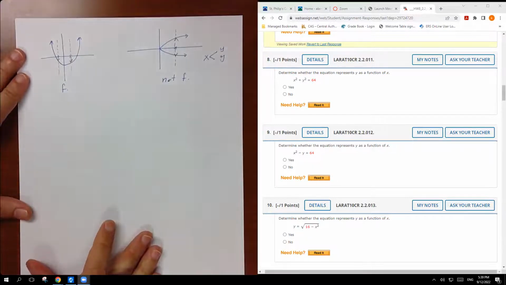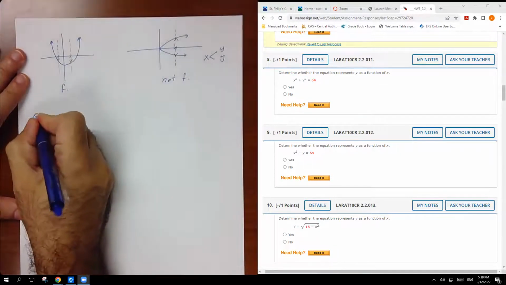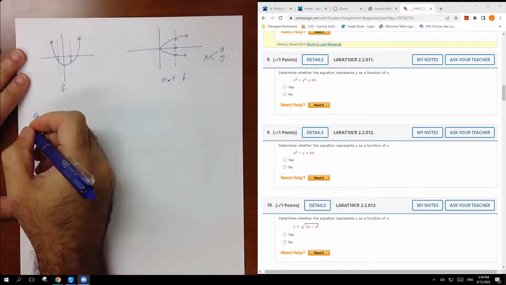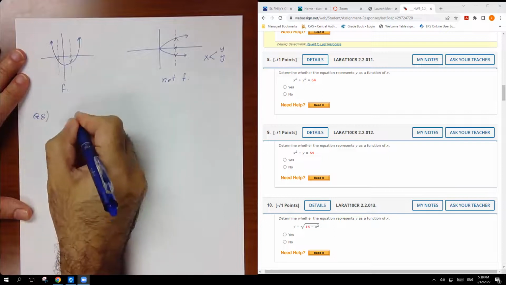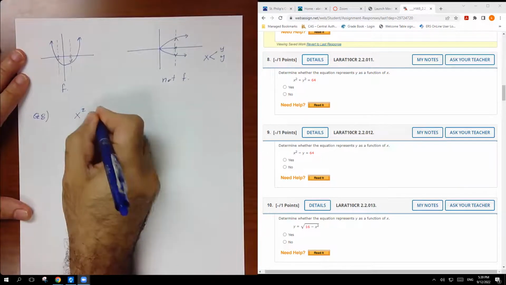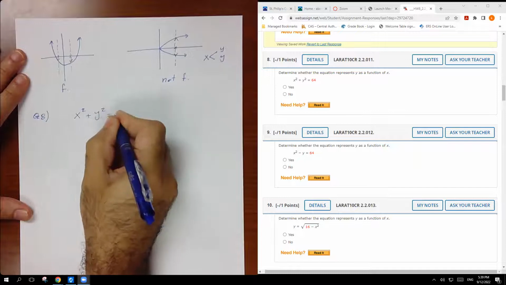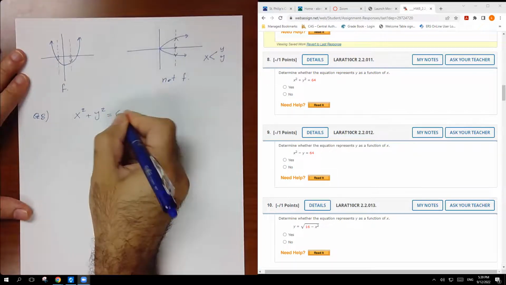Now let's go back to example 8. It says x squared plus y squared equal 64.